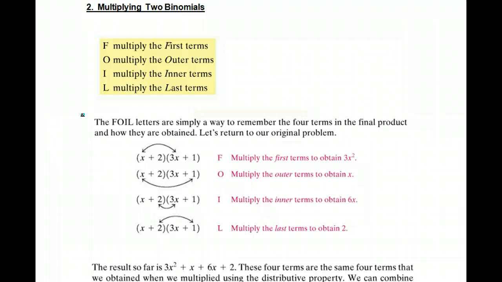The next section is going to require us to multiply two binomials rather than a monomial and a binomial. Multiplying two binomials is going to allow us to use a process called the FOIL process, which you will notice is the one and only vocabulary word for this section.